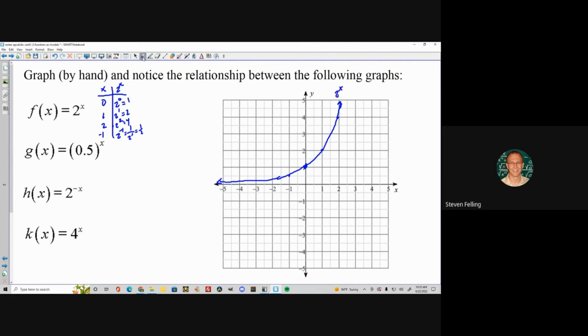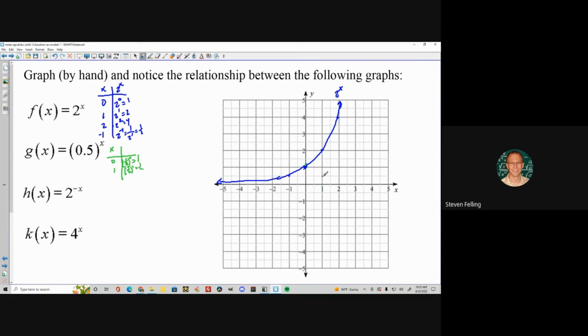Okay, let's take a look at 1/2 to the x. What would that look like? Okay, so if we take 0, that's 1/2 to the 0 power, which is 1. If I put a 1 here, it's 1/2 to the 1 power, which is 1/2.